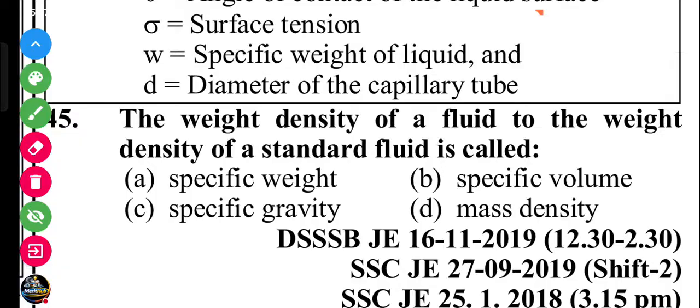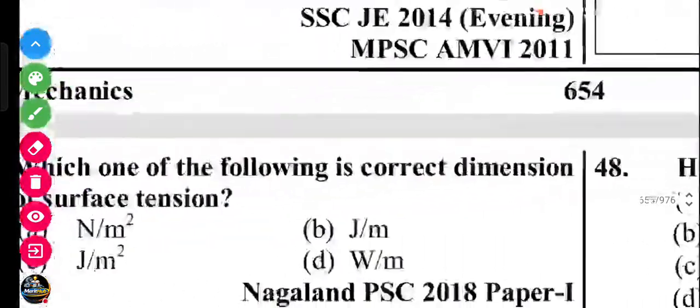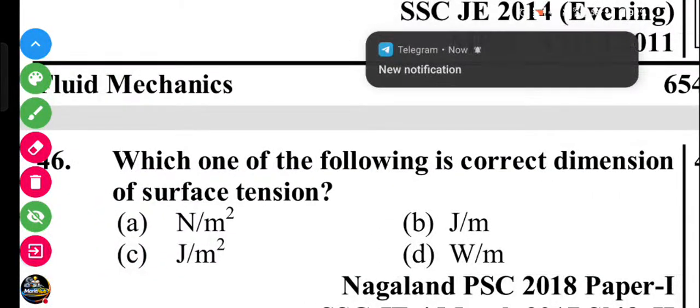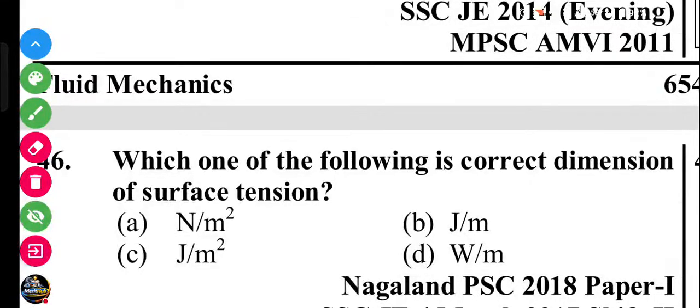Question number 45. The ratio of the weight density of the fluid to the weight density of a standard fluid is called the specific gravity. Question number 46. Which one of the following is the correct dimension of the surface tension?